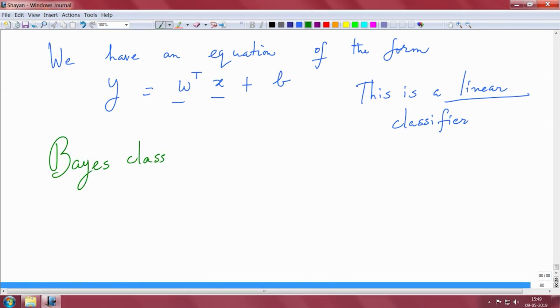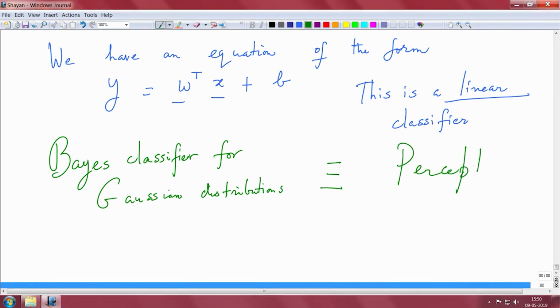The Bayes classifier for Gaussian distributions, where we assume that the covariance is the same and the means are different, is similar to the perceptron, because we can derive a hyperplane that can classify these points. But there are subtle differences. So, we have to pinpoint those subtle differences.